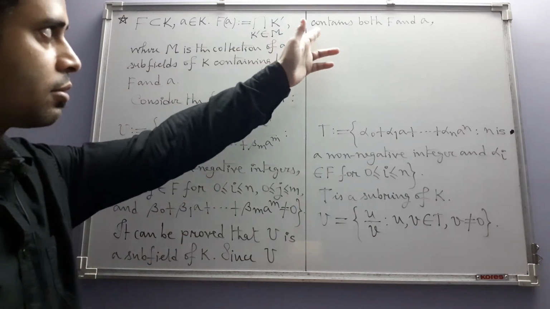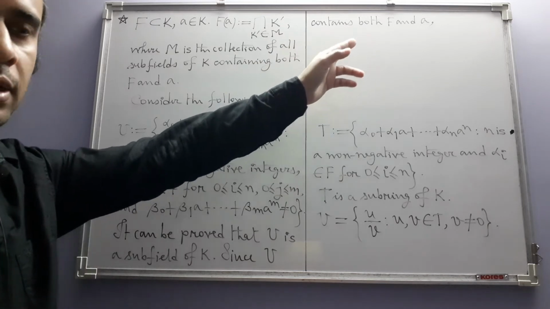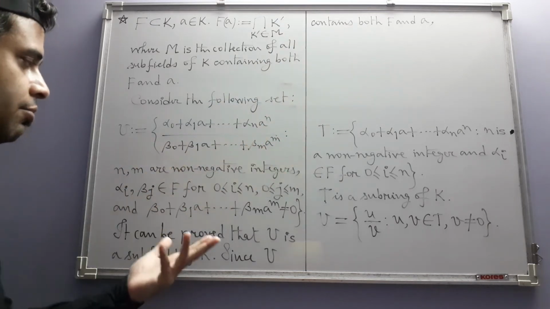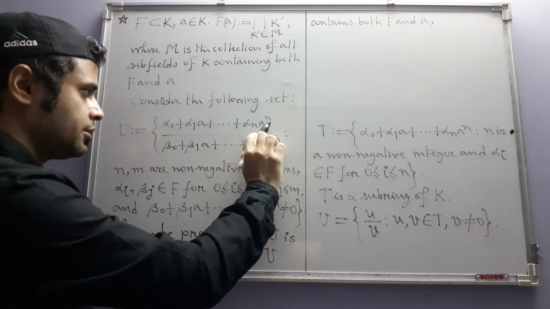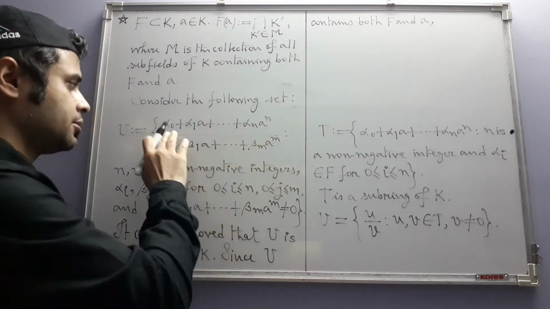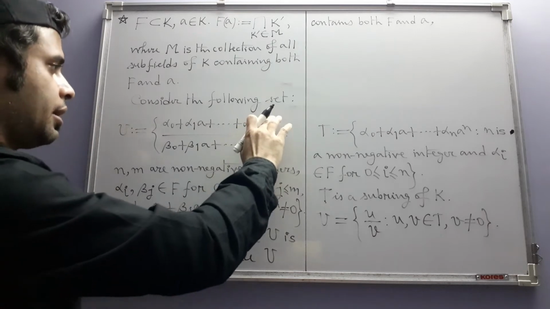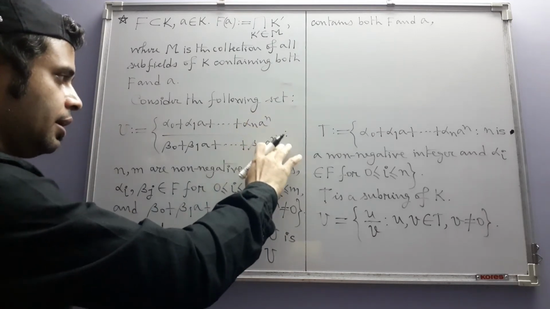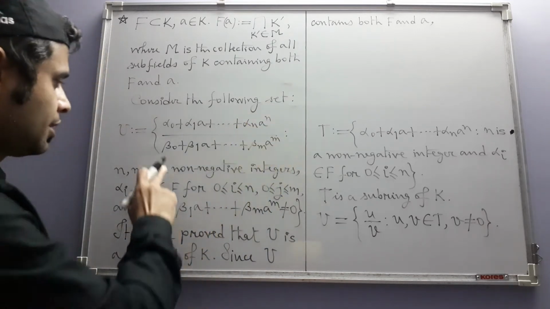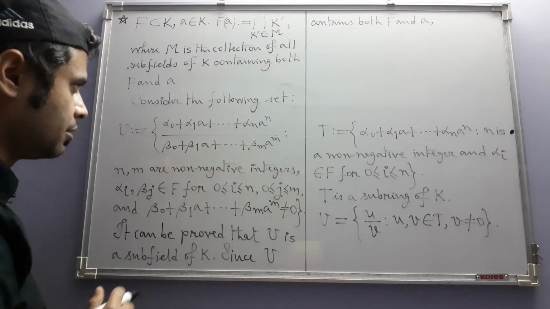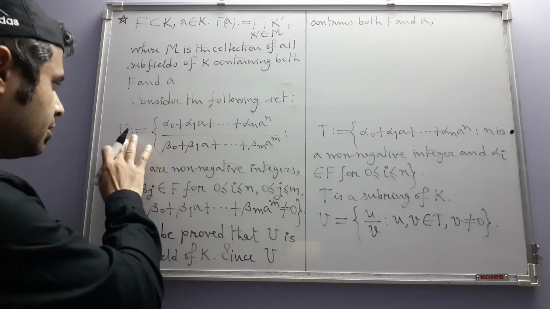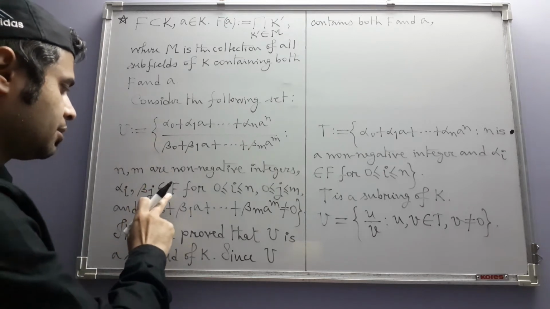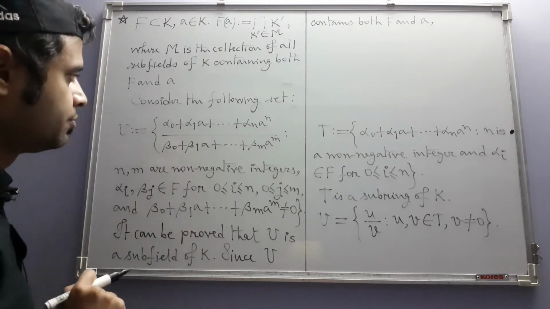This just means U containing capital F means every field element is also in U. To see that, you just choose any field element, say alpha naught, and you choose n and m both to be 0 and you choose beta naught to be 1. Then this element becomes alpha naught. So alpha naught is in U. That means every element of capital F is in U.